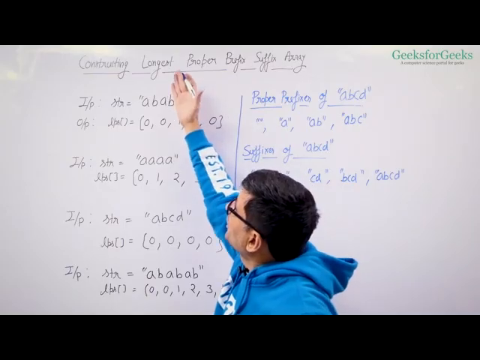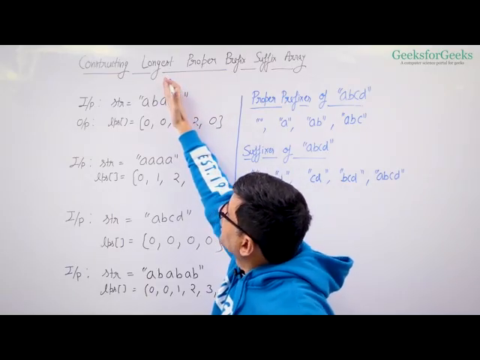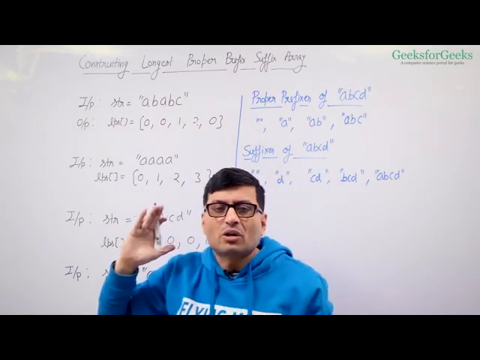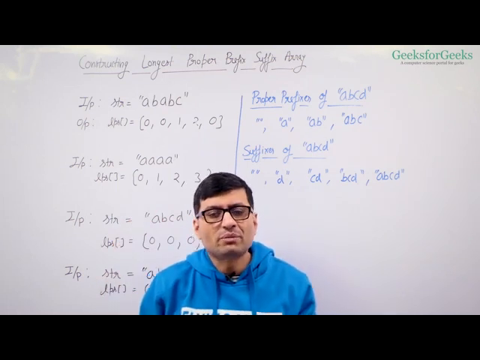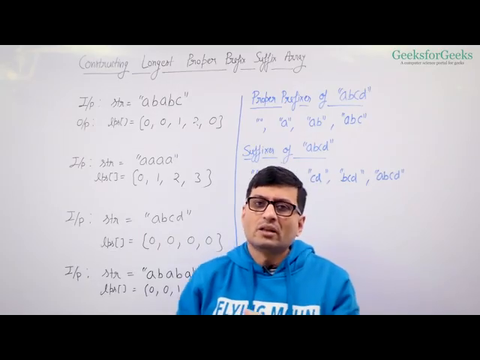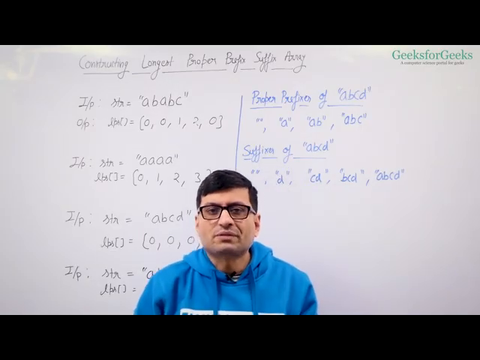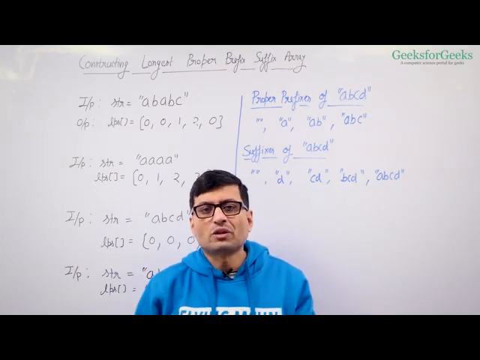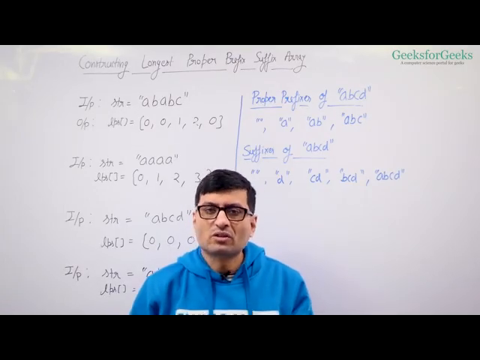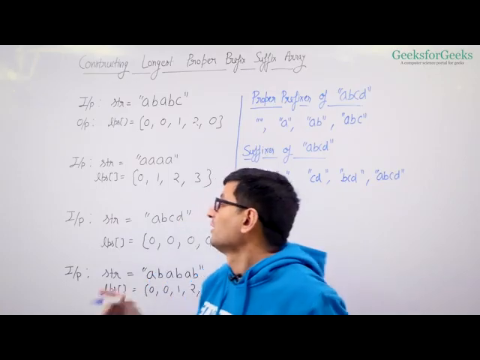The third entry for ABA: what are the proper prefixes of ABA and what are the suffixes of ABA? Proper prefixes of ABA are A, AB and the empty string. Suffixes of ABA are A, BA and ABA. So which of them are the longest and same? Only one, A, right?